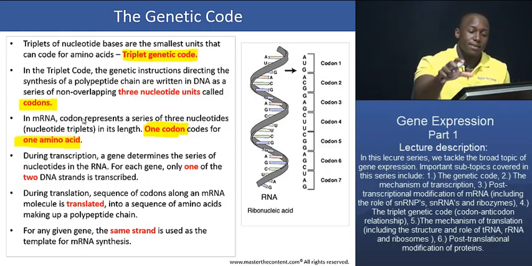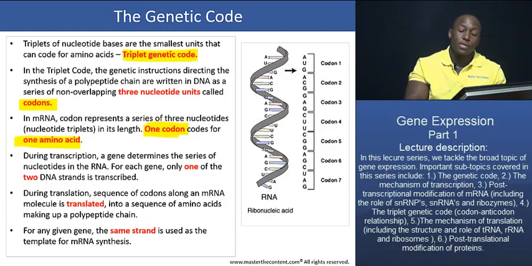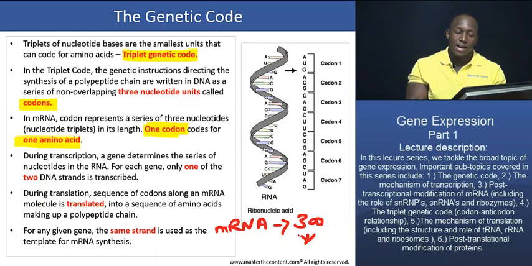So what this slide is meant to make you understand is that the genetic code is a little more complex than you would expect. For you to code for one amino acid in a polypeptide chain, you need a combination of 3 nucleotides, which is called a codon. To give you an example, if I had an mRNA strand that had about 300 nucleotides, the protein that it would code for would have 100 amino acids in its length.